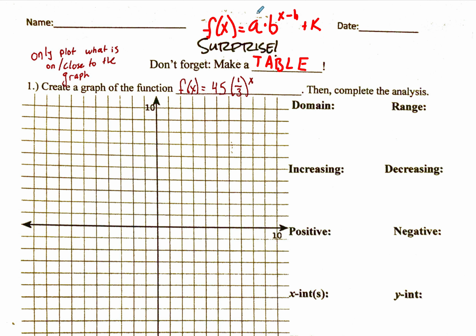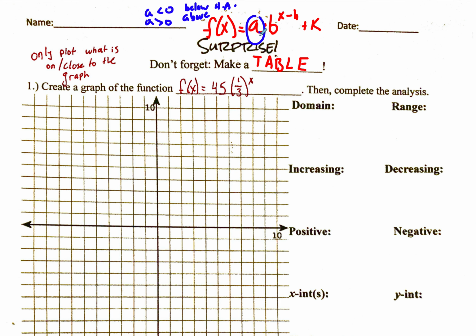Some intuition we've developed is that if a is less than 0, we are below the horizontal asymptote, and if a is more than 0, we're above it. So when I graph this function, I'm going to expect it to be above the horizontal asymptote.